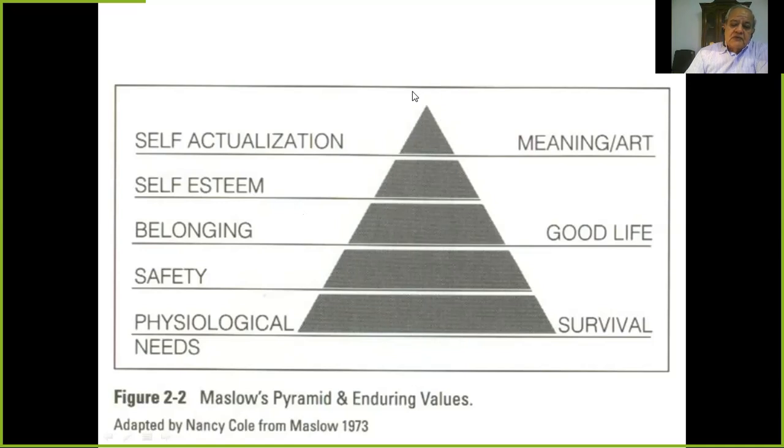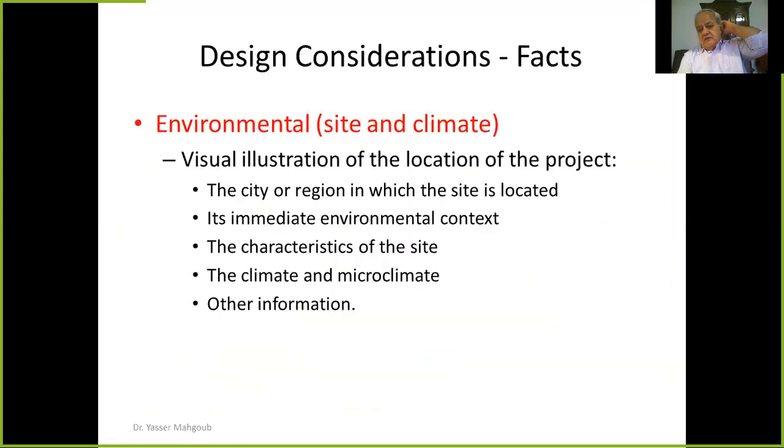As architects, we try very much to reach the top parts. How do we achieve self-actualization through our design for the user? That they feel satisfied, they feel happy, that they achieved what they need in the design.